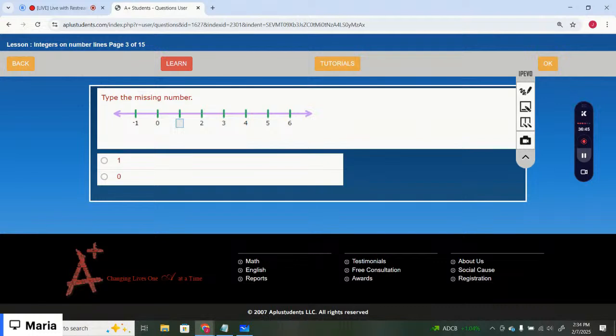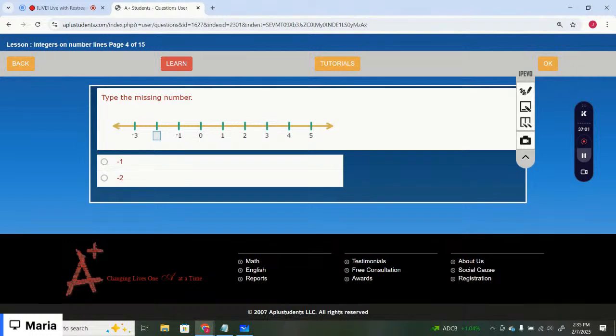Type the missing number. So between 0 and 2, the missing number is 1. So the missing number is negative 2.